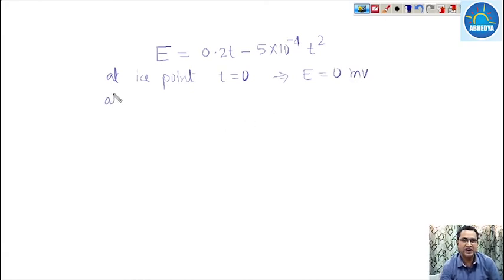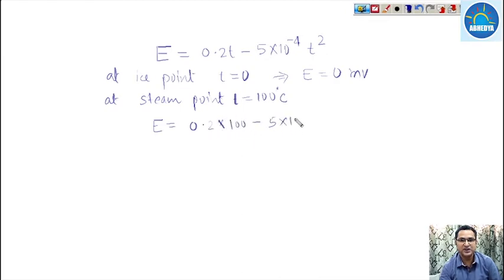Now at the steam point, what is T? T is equal to 100 degree centigrade. So E is equal to 0.2 into 100 minus 5 into 10 raised to the power minus 4 into 100 square.